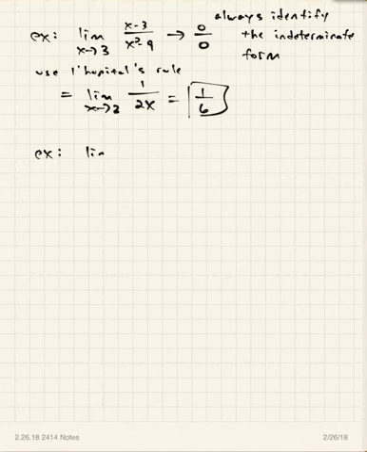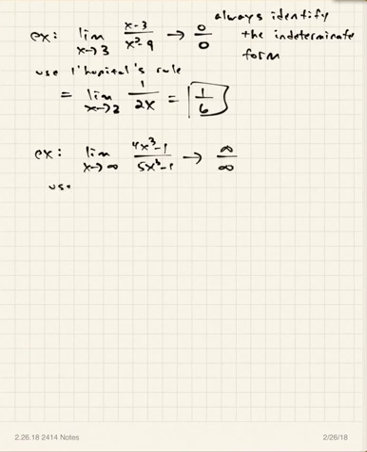All right, another problem we did a few minutes ago is the limit as x approaches infinity of 4x cubed minus 1 over 5x cubed minus 1. And we saw that that limit was equal to 4/5. Well, this is the indeterminate form infinity over infinity, and so we can use L'Hopital's rule.